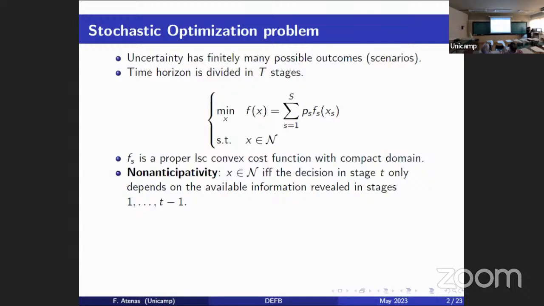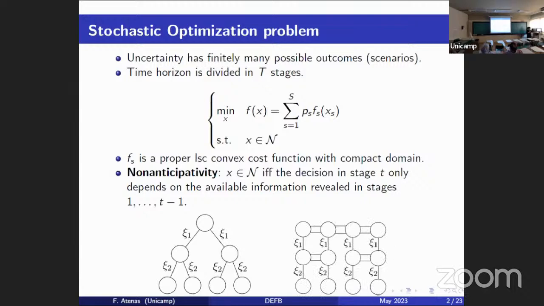And that non-anticipativity constraint is actually a linear constraint, so it defines a linear subspace. Graphically, the non-anticipativity constraint looks like this. We have a scenario tree here, and the constraint says that in the first stage, all the scenarios look the same because we do not have prior knowledge; we know the probability distribution, but we do not know what the actual outcome is.